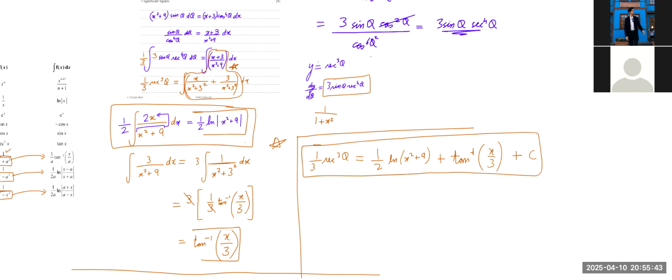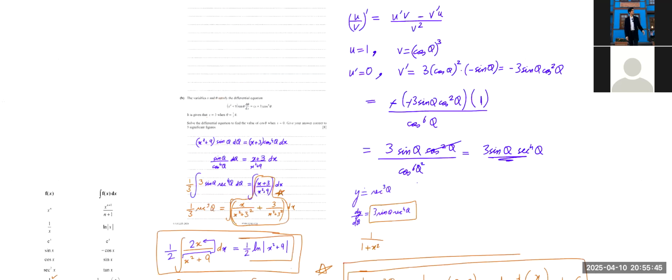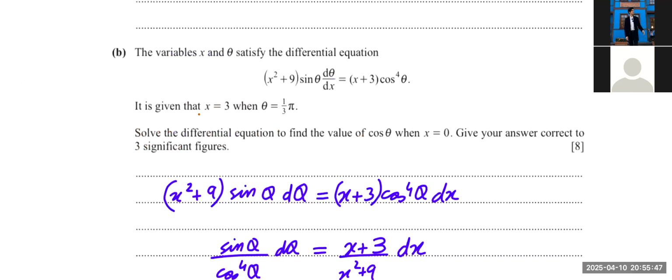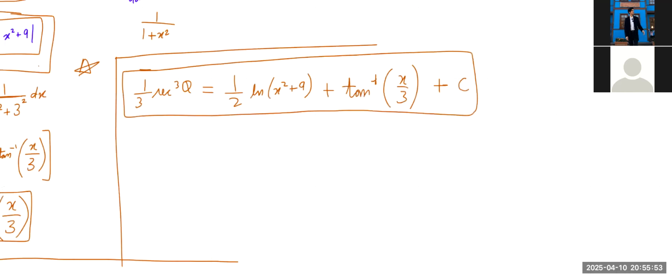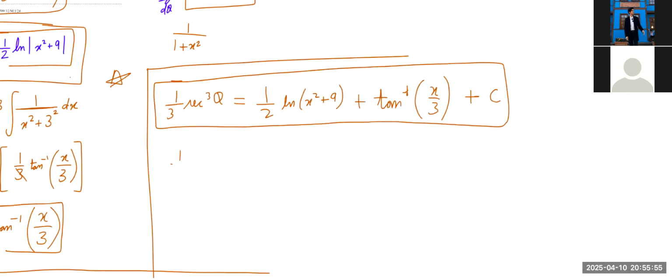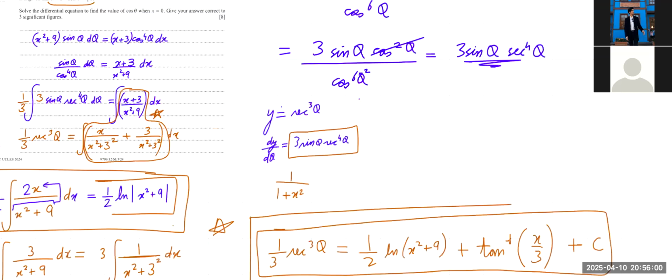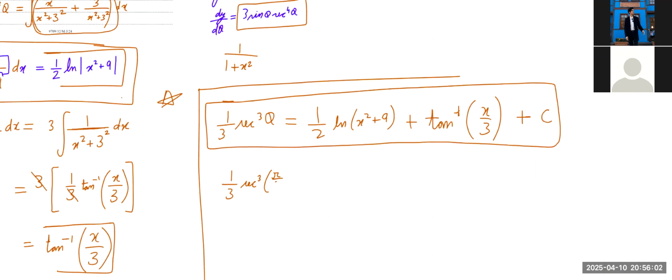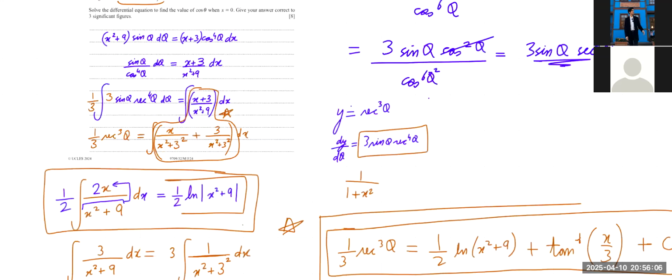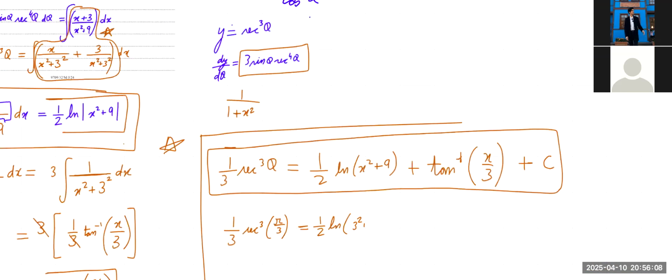Now, since it's 8 points, I can imagine that it's an initial value problem, meaning they will give you an initial value: x equals 3 when theta is 1 over 3 pi. So let's plug everything in. 1 over 3 secant cubed of pi over 3 equals 1 over 2 natural log of 3 squared plus 9 plus arctan of 3 squared over 3 plus c.